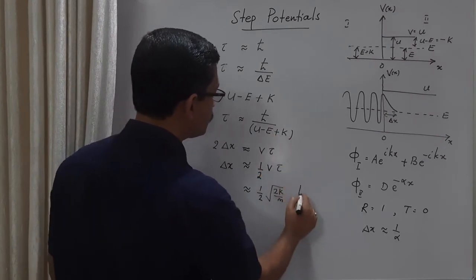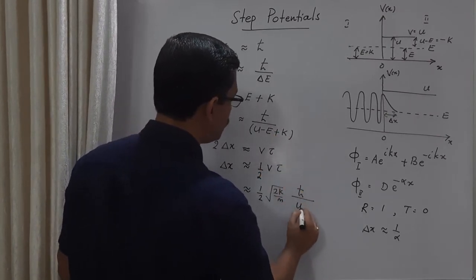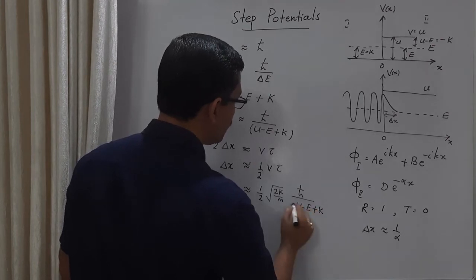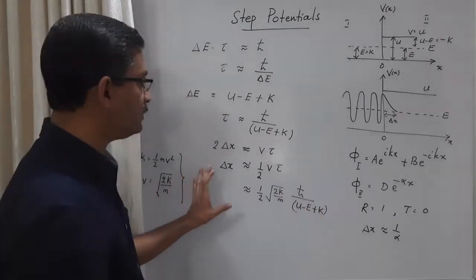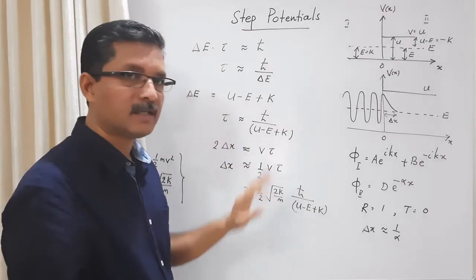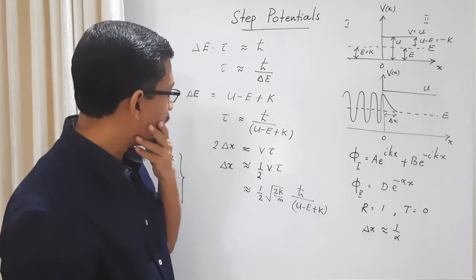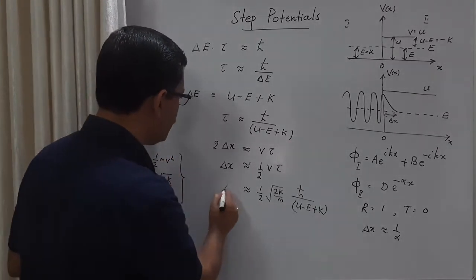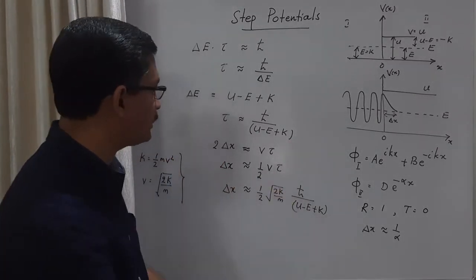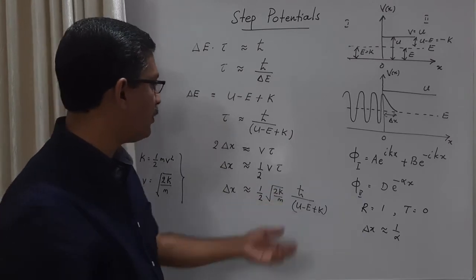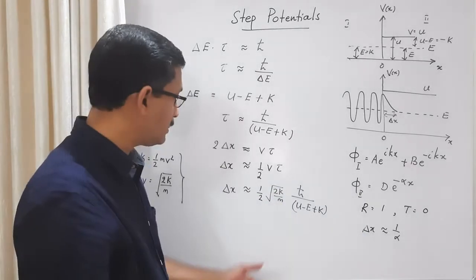Instead of tau I can substitute h cross by u minus e plus k. Remember that we are arriving at this expression by using the uncertainty relationship, so we get only an order of magnitude, not an exact value. So this is an approximate expression, or order of magnitude, of delta x, the penetration depth.